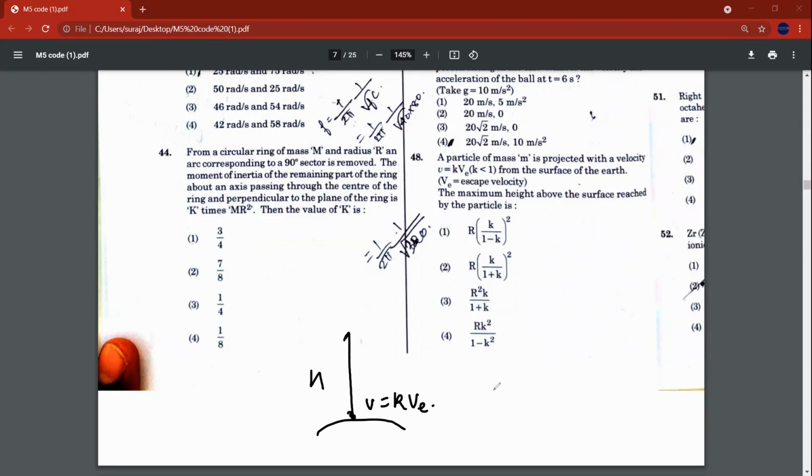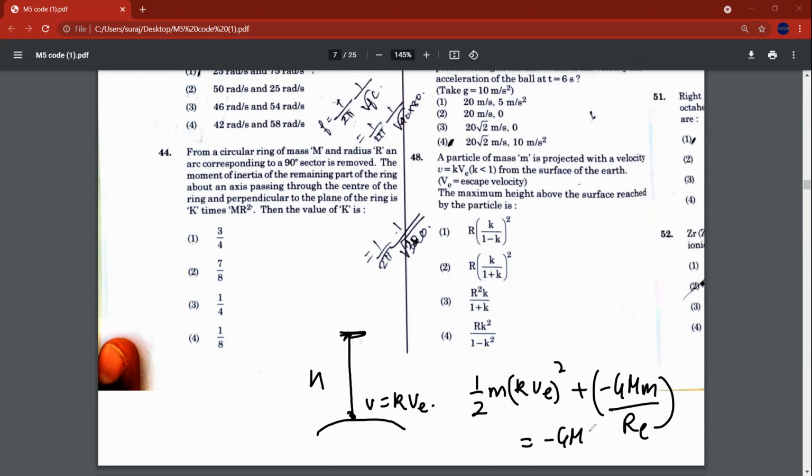So here conservation of total energy will be there: half m k times of v whole square minus GMm by R equals, here kinetic energy is 0, so minus GMm by R plus h.